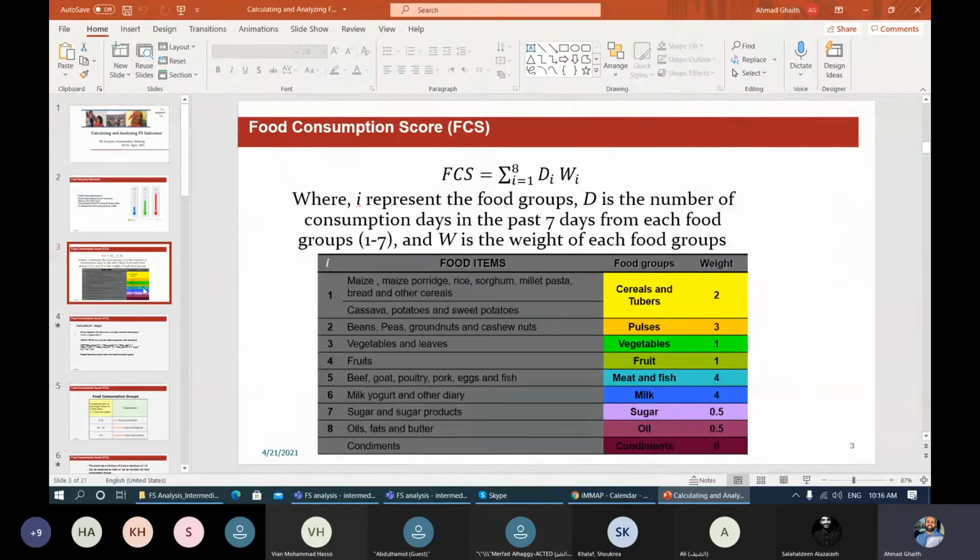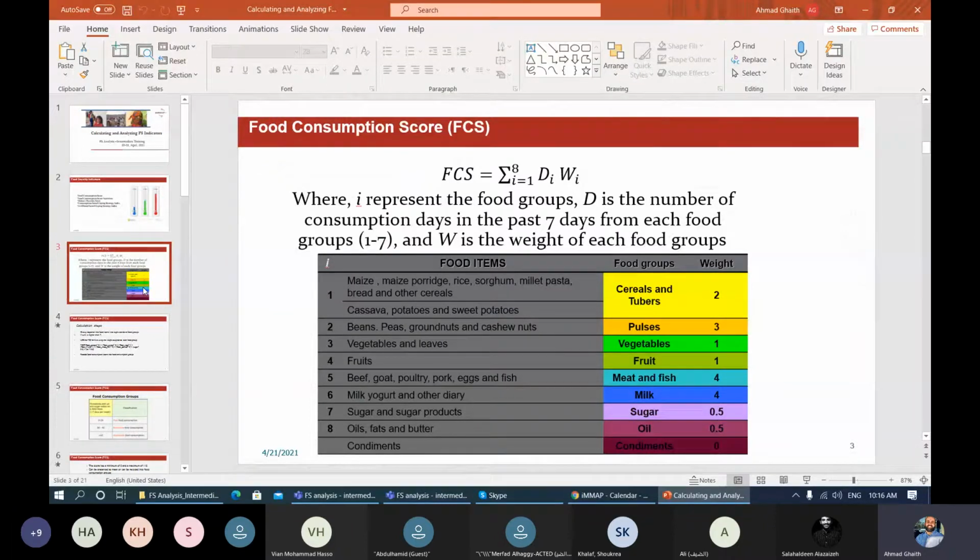Okay, so the first indicator we'll start with is the food consumption score, which we were discussing in the first training a few weeks ago. You are adding up essentially the number of days that a family was eating a given type of food within these food classification groups that we have, and then multiplying it by a weight.